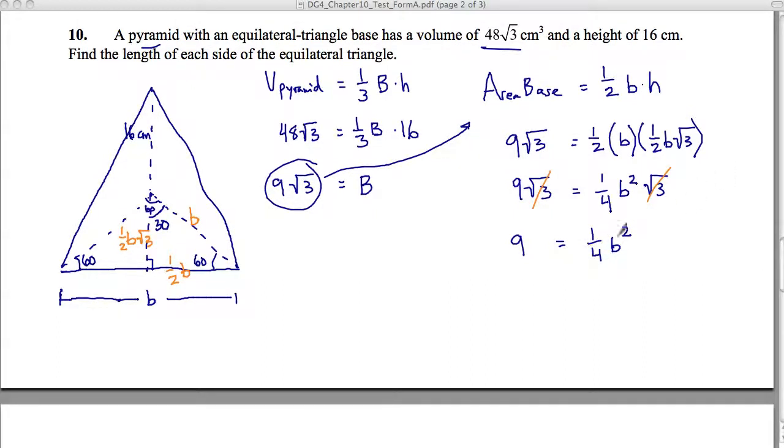Go ahead and multiply by 4 on both sides. Get that 36 is equal to B squared. Square root both sides and find that B is equal to 6. Right? Or in other words, each of these side lengths is 6. So this length right here is 6 and 6. All right, and that's it. On to the next problem.